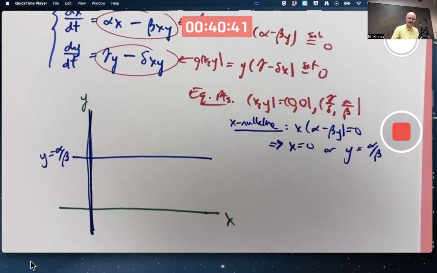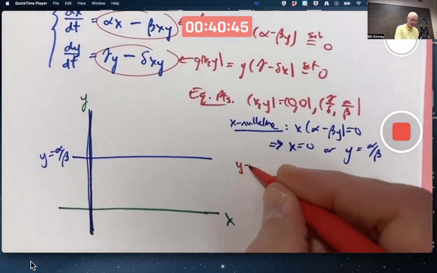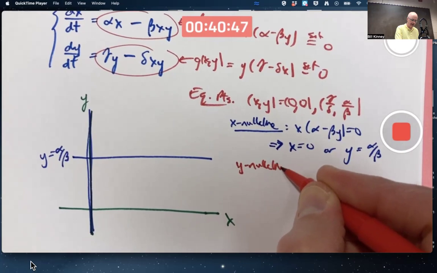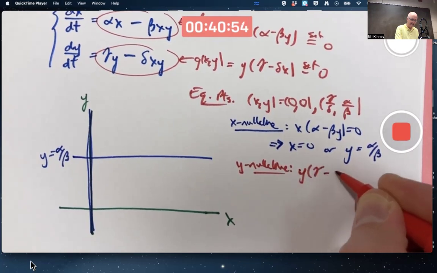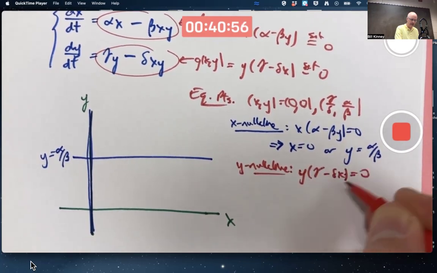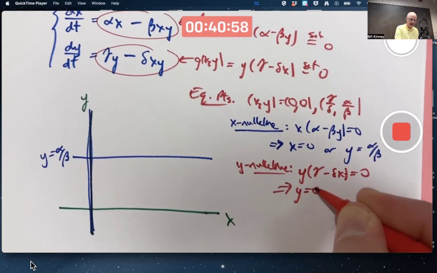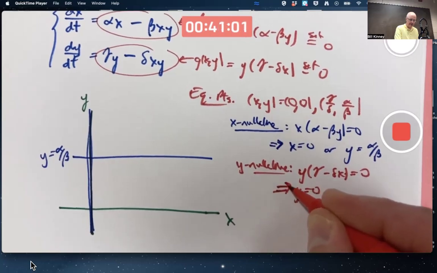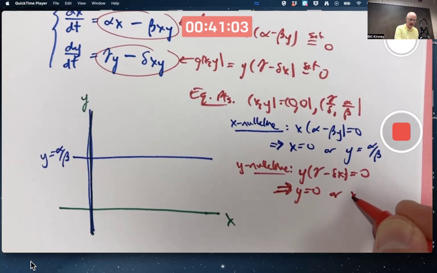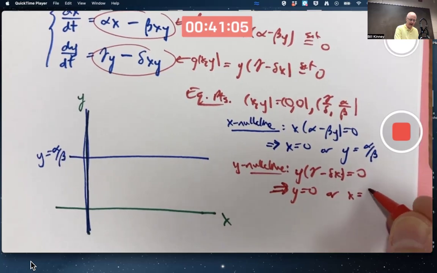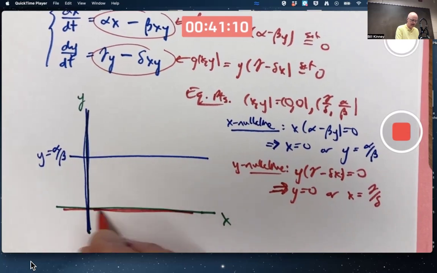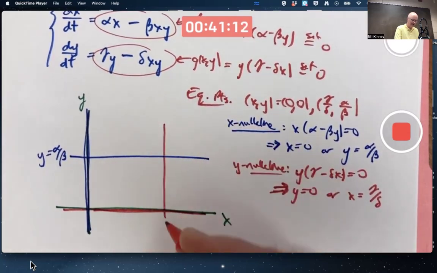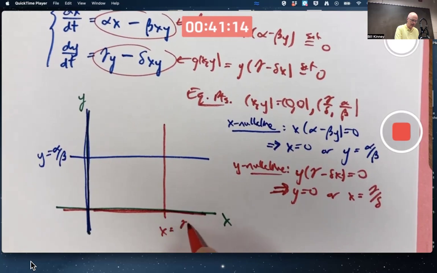And the y nullcline will consist of two lines again, the same two lines as before. It's where y times (gamma minus delta x) is 0, which occurs at y equals 0, which is the x-axis. Also a vertical line at x equals gamma over delta.